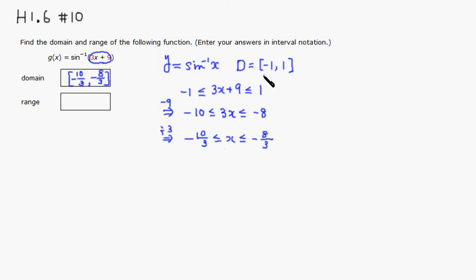Range-wise, since this is the arcsine function, arcsine is the inverse function of the sine function.